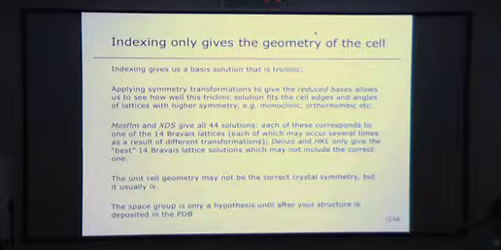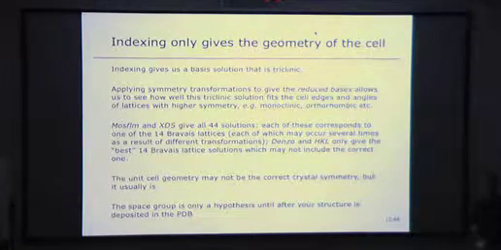The last point is, bear in mind that the space group that you obtain from auto-indexing is only a hypothesis until you've solved and refined your structure and possibly even submitted it to the PDB. And even then, there are quite a number of structures with the incorrect space groups.